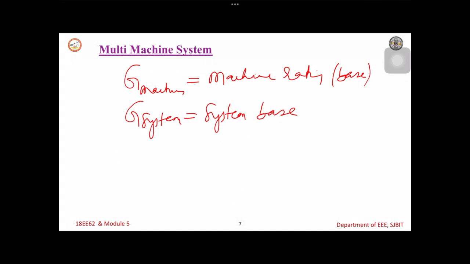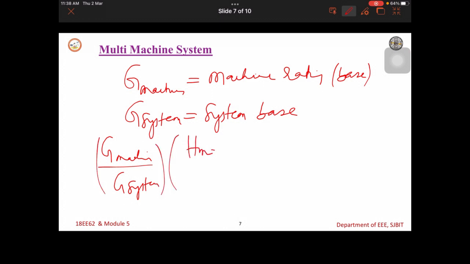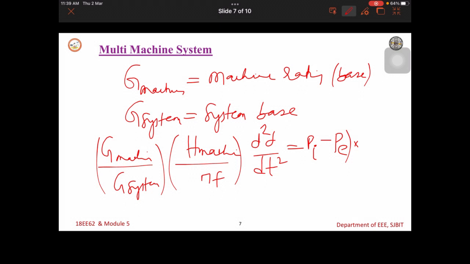That can be written as G machine divided by G system, in per unit, times H machine divided by pi f, d squared delta over dt squared, is equal to Pi minus Pe, where Pi is the mechanical input or the shaft power input, and Pe is the electrical power output, times G machine divided by G system.